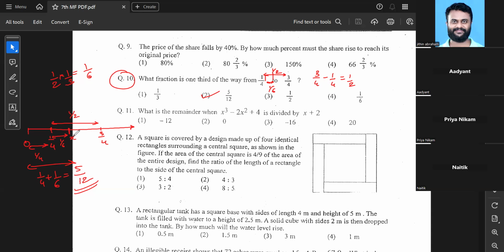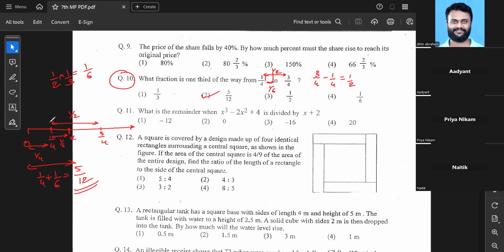Okay. They have given both the correct answers because the same question can be interpreted in two different ways. The first way of interpreting this question is finding the actual fraction in the number line, which is x in this case, which we have found as 5 by 12. The second way of interpreting this question is how much is one third of the path between 1 by 4 and 3 by 4.